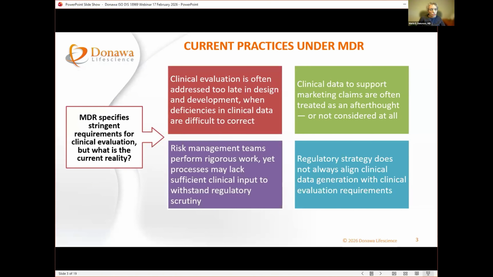And then the regulatory strategy, and I'm going to touch on this briefly, is not always consistent with or in line with how clinical data are generated with clinical evaluation requirements, and they're very separate activities and they're not coordinated.